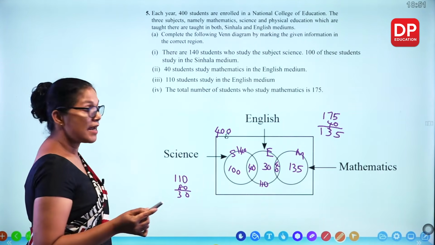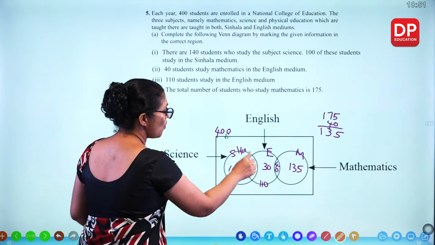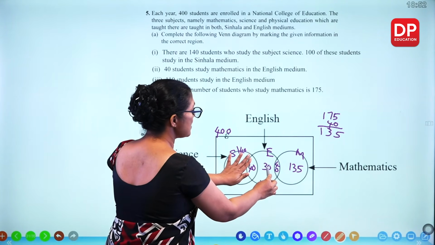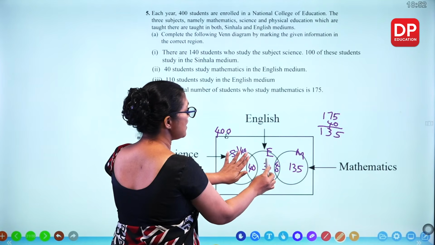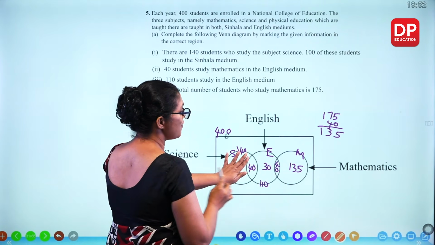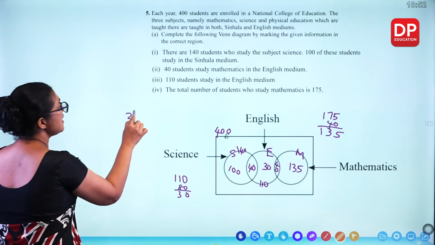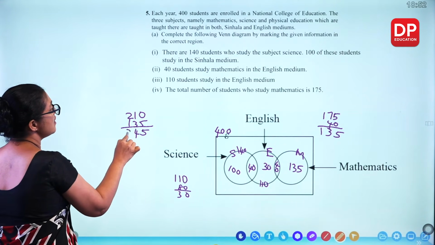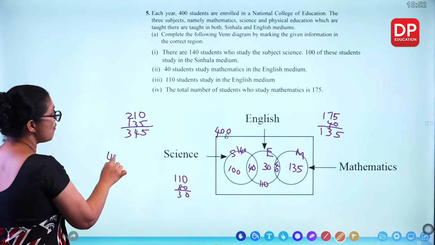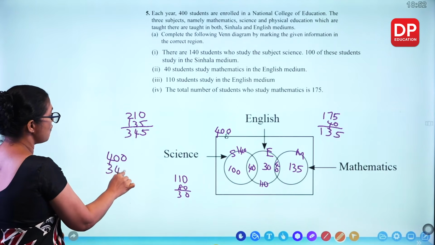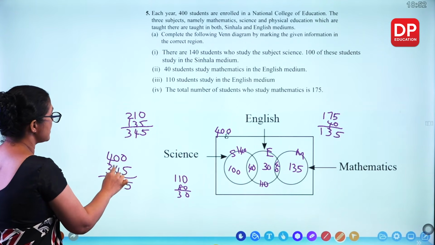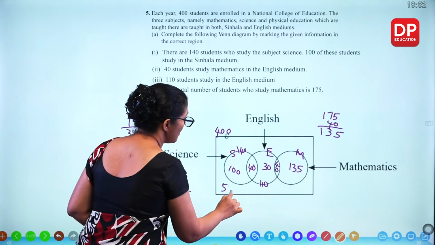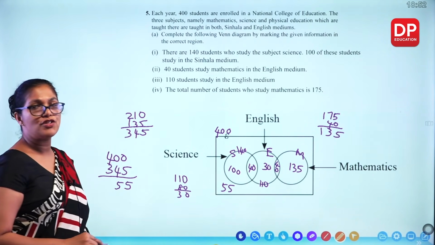Then we can find outside value. This whole thing is 140, 40 plus 30, 170, 170 plus 40, 210, 210 and 135, you are getting 345. 400 minus 345, you get 55. So 55 outside the 3 regions.